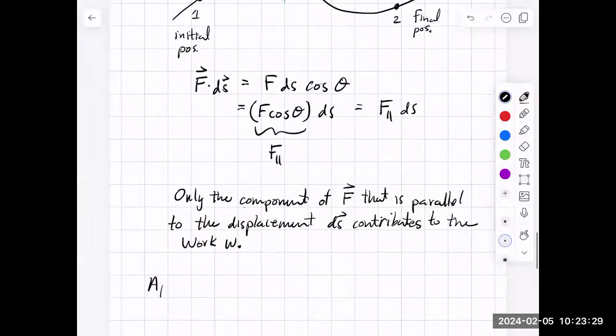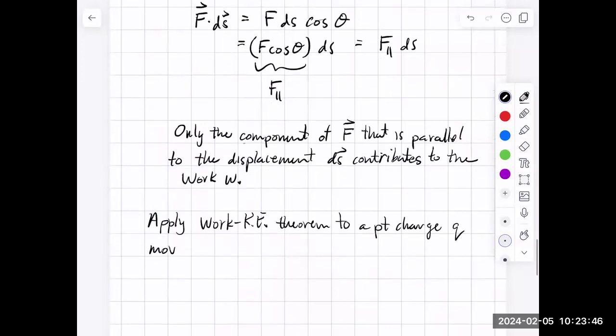We're going to apply the work kinetic energy theorem to a point charge, let's say little q, moving in the electric field due to another point charge. We'll call it capital Q.